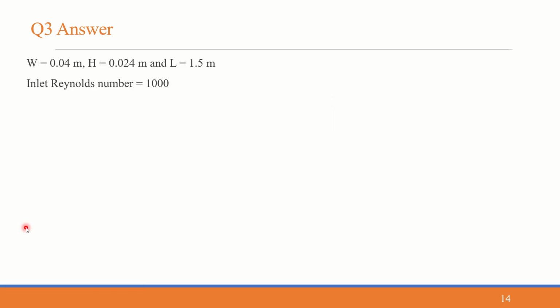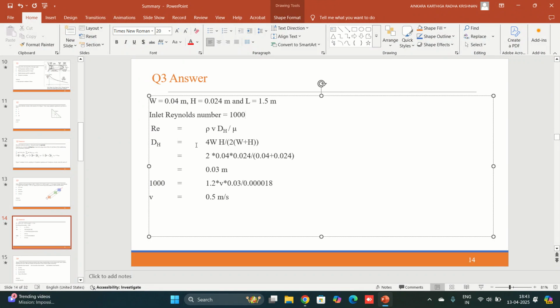W is 0.04, H is 0.024, L is 1.5 meter and inlet Reynolds number is 1000. Reynolds number is given by rho v dH by mu and dH is given by 4 into WH divided by 2 times W plus H. So we can give it like 4 into cross-sectional area divided by wetted perimeter.